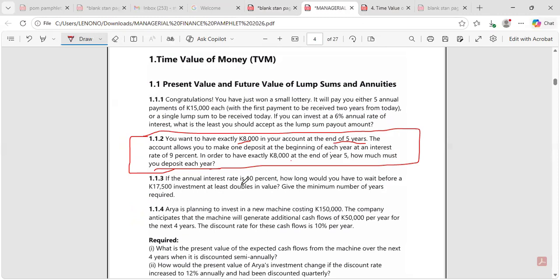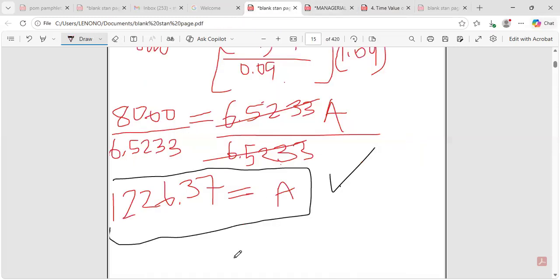if annual interest is 10% for this other question, how long would you have to wait for 17.5 to double? So 17.5 to double, you use just that's a single deposit.